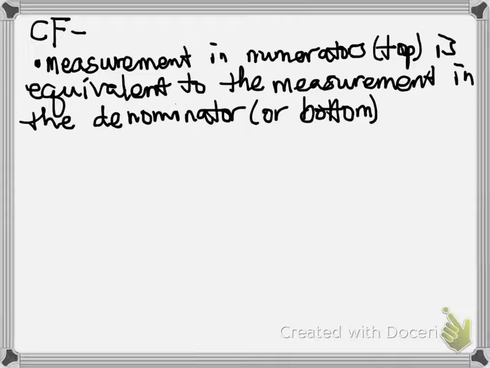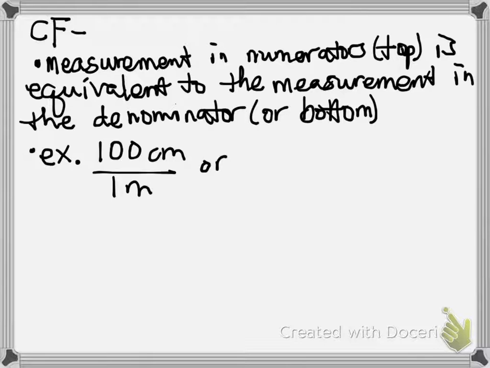And so, again, because those are the same amounts, you're really not multiplying by anything. Example, 100 centimeters is 1 meter, or depending upon where my units are, 1 meter is 100 centimeters. Remember from ChemQuest 6, which one of these two conversion factors we would use would depend upon what number we're starting with and whether it is measured in centimeters or in meters.